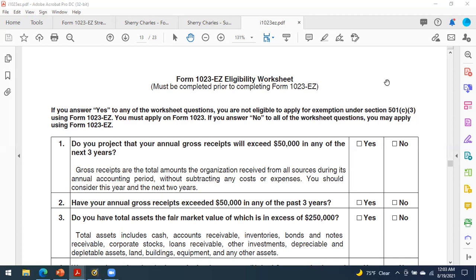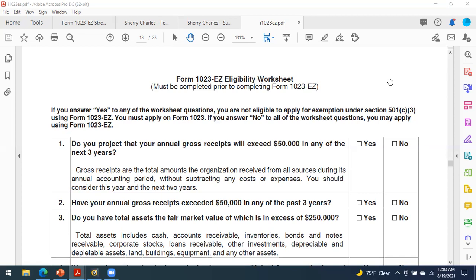Maybe you can project expenses, not receipts. I know the question says receipts, but we're talking about expenses because you have to cover your expenses in order to operate a program, right? So if you have $75,000 in expenses, that exceeds the gross receipts required of $50,000. Therefore, the answer to this question must be no.